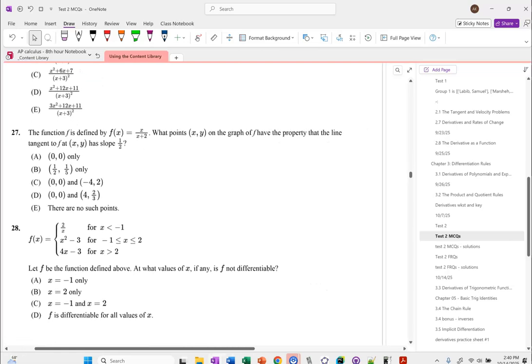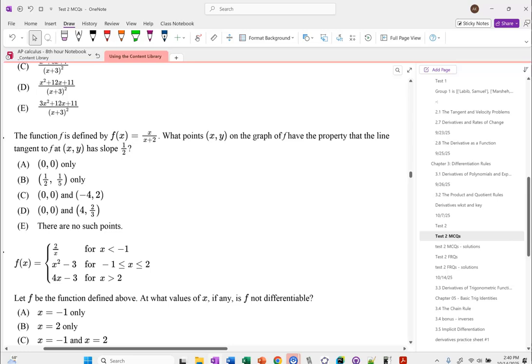How'd you do 27? Right, I have to solve the derivative equal to 1/2. How do I find the derivative of x over x plus 2? Quotient rule.